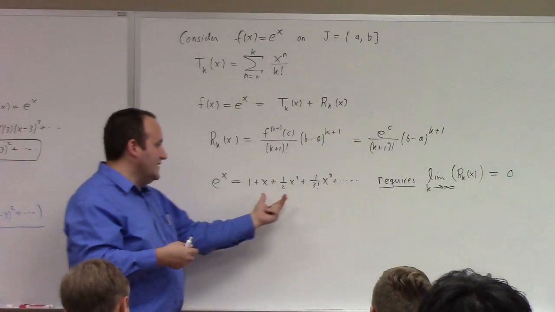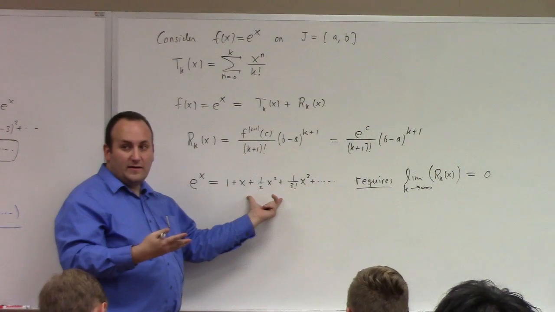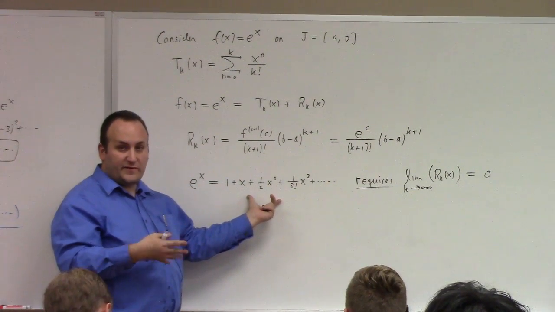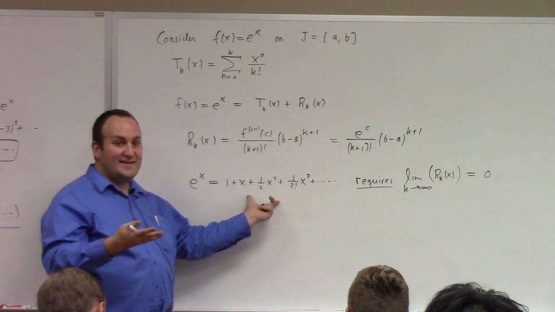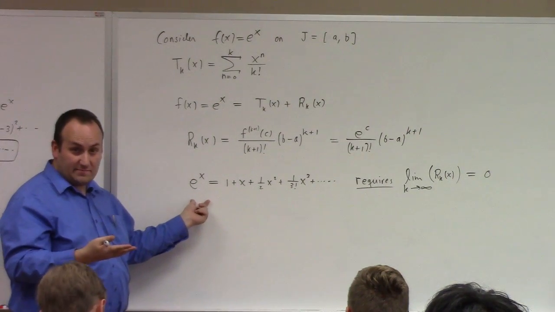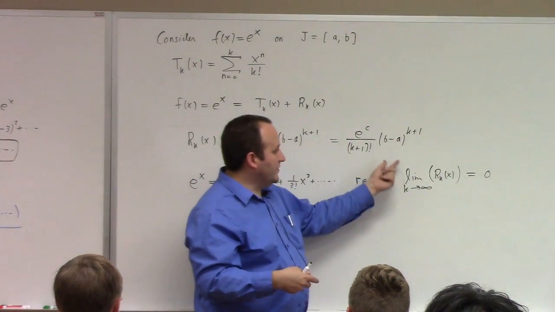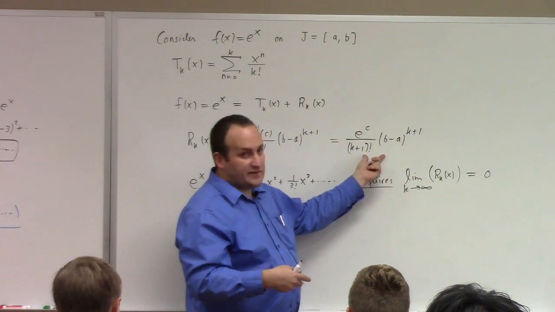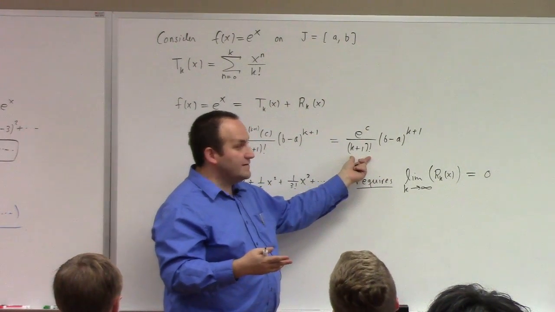I'm asking, does this series, this series, we have proved already by the ratio test that this series converges for any x. All right? The question is, does it converge to this function? But anyway, what I have on the board is pretty much enough to prove it, because if you look at this, just fix a particular value of b and a, what happens as k goes to infinity here?